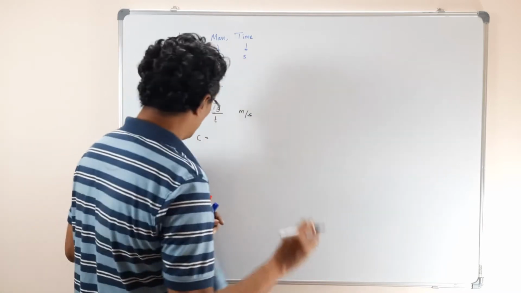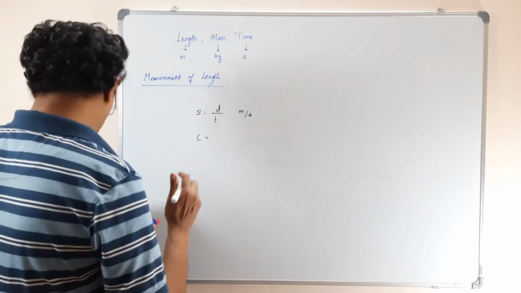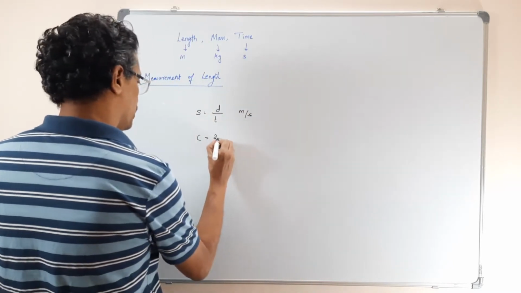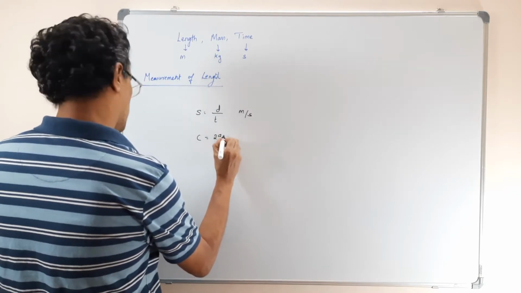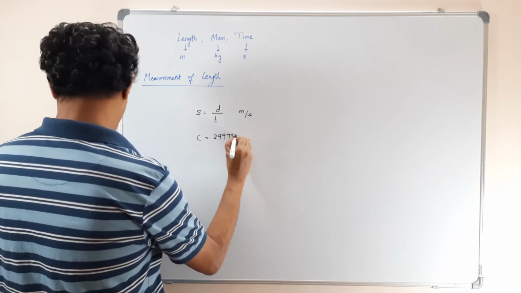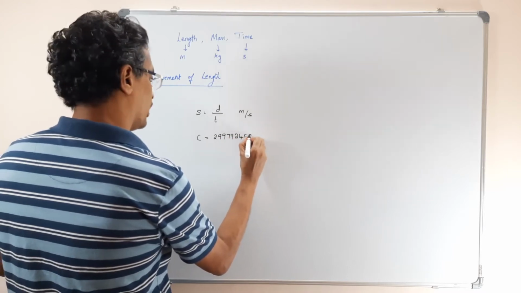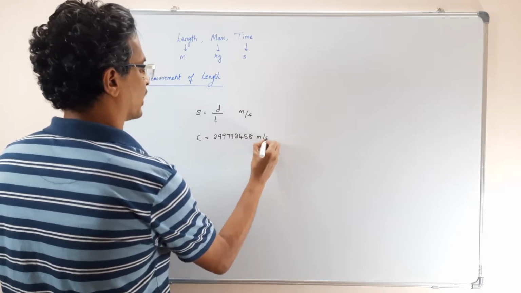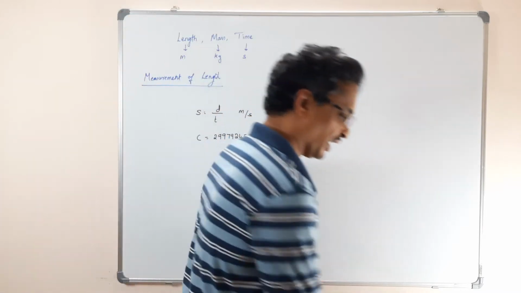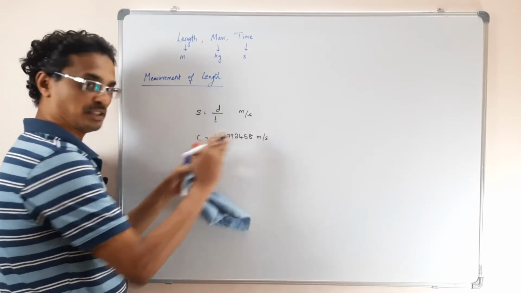With all the experiments, how precisely they have calculated it, I'll write it down: 2,99,79,24,58 meter per second. The velocity of light is calculated to this precision.